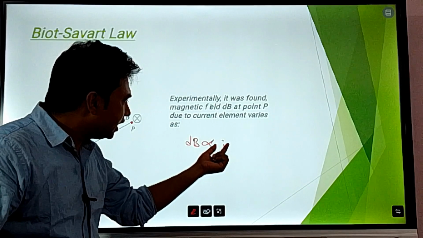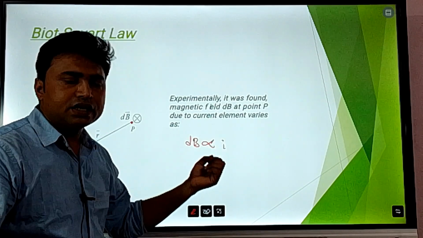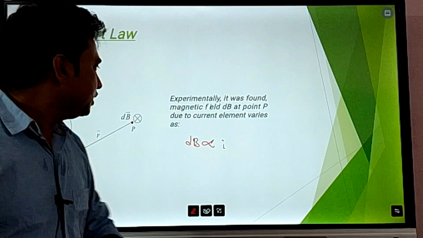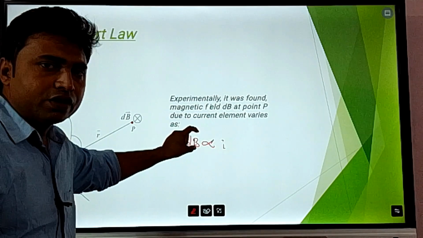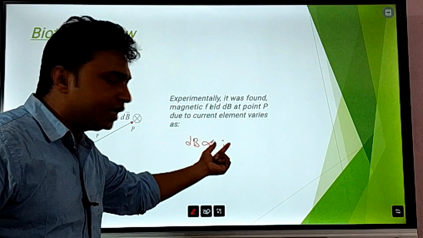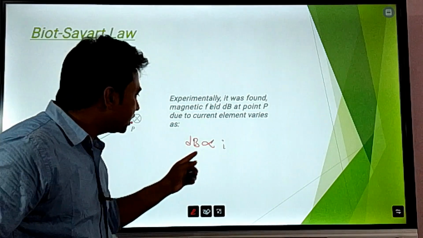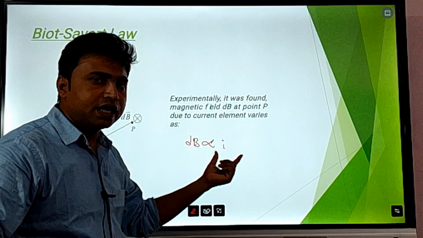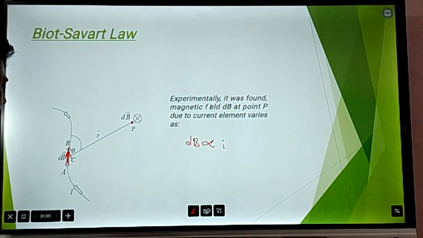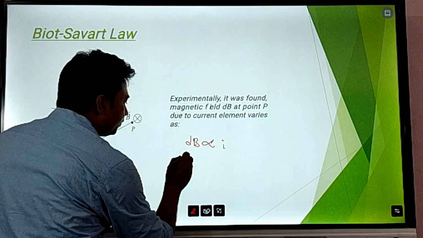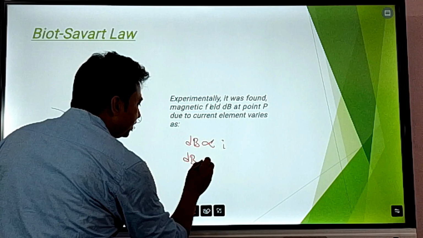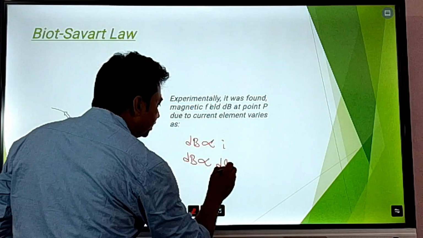If the current in the conductor is more, then the magnetic field is also more. If the current is less, then the magnetic field is also less. It is directly proportional to I. Second, they found that dB is directly proportional to dl.